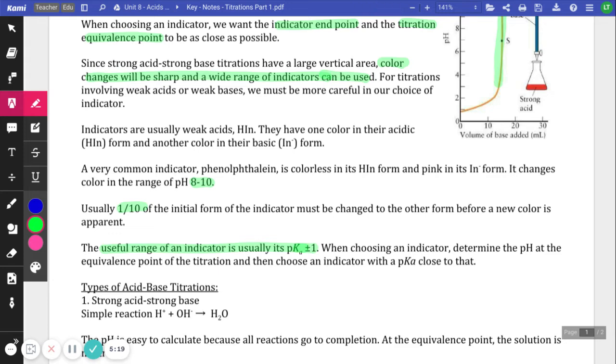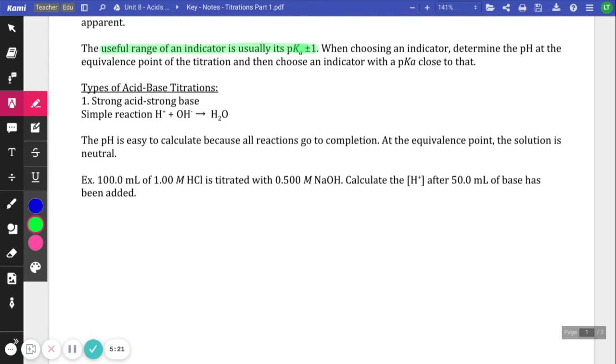Okay, so today we are just going to talk about strong acids and strong bases and their titrations. These are easy because all of our reactions go to completion, as in all of our acid completely dissociates and all of our base completely dissociates, so the reaction goes all the way to completion, and it should form a neutral salt as well.